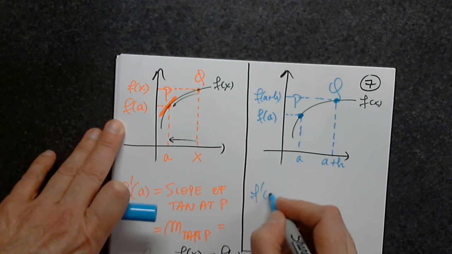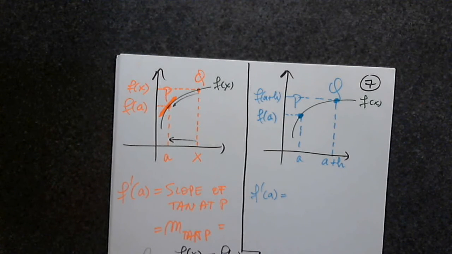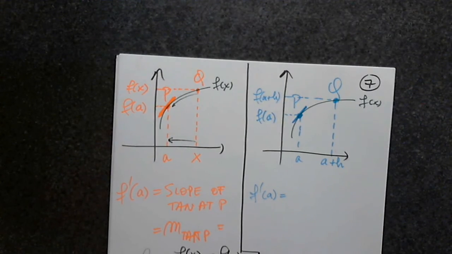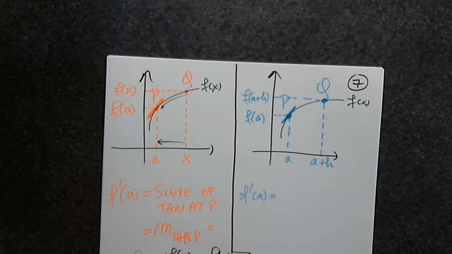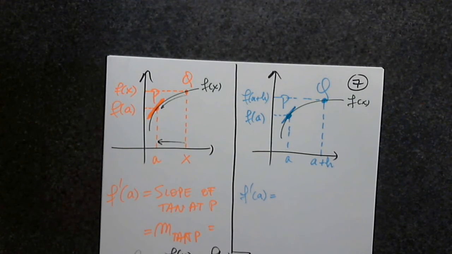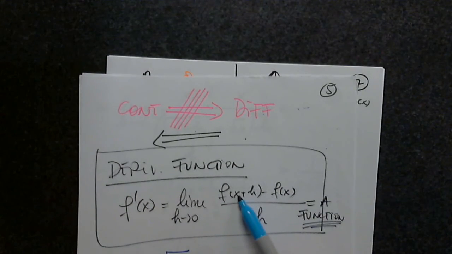So can anyone give us a second definition of the slope of the tangent line at P? Yes, so here we have a in this case.